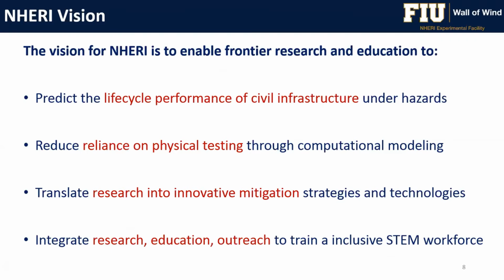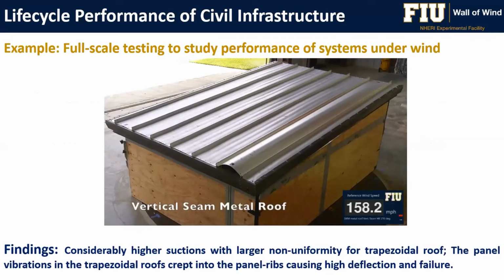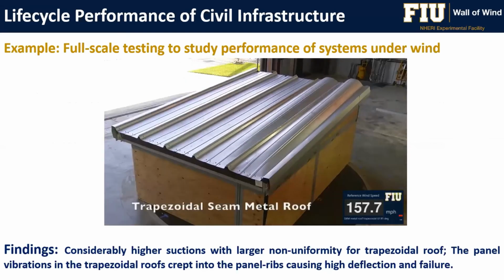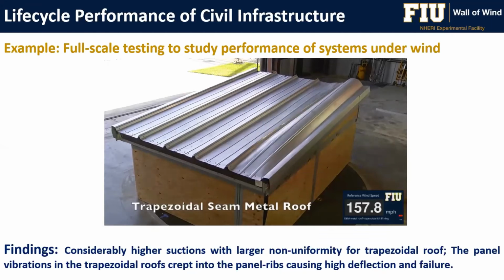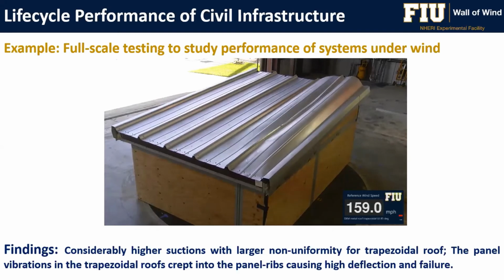To do life cycle performance, these are the kinds of tests that we do. It's a full scale testing. As you can see, vibrations of a roofing system. This is a metal roofing under wind. And you can see we are seeing connection failures at various parts of this system. Because of the capability that we have to do large scale or full scale testing, we can study the performance of the system.